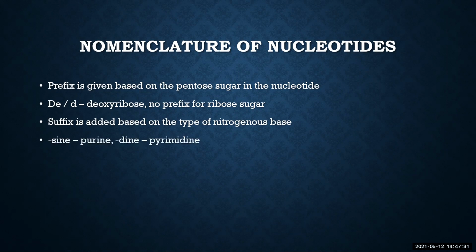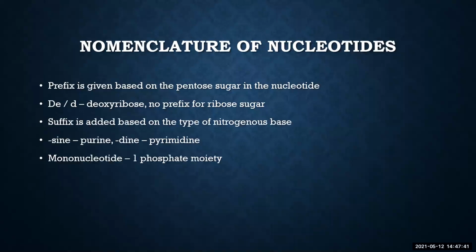If a purine is present, the suffix -sine is added. If it is a pyrimidine, -dine is added. Based on the number of phosphate groups, we call it a mononucleotide if one phosphate is present, dinucleotide if two, and trinucleotide if three are present.